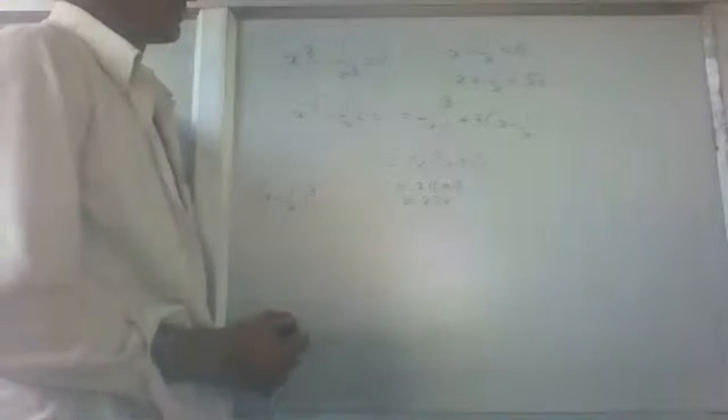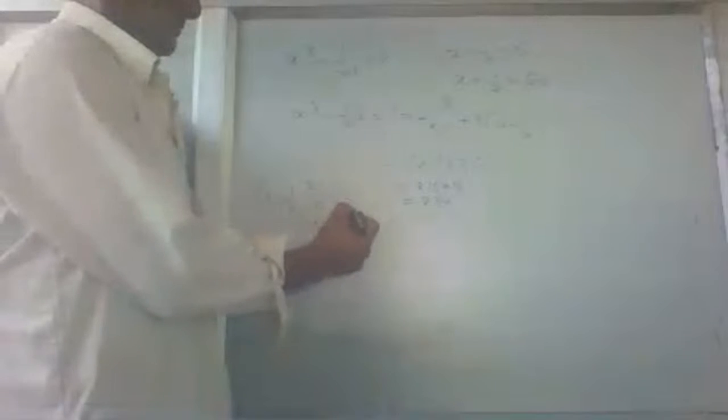The second says x plus 1 upon x is given. So we know the formula: x minus 1 upon x whole square is equal to x plus 1 upon x whole square minus 4.